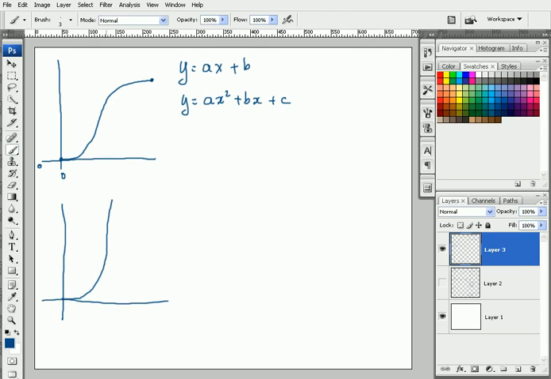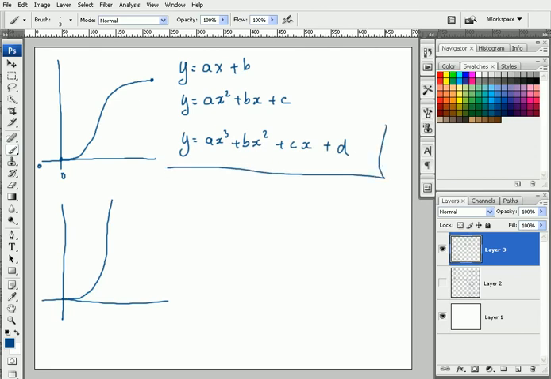It doesn't come back down. So this doesn't have degree large enough in the polynomial to express this sort of curve. Instead, we're going to have to go a little bit higher. Y is equal to ax cubed plus bx squared plus cx plus d. This is the general equation we need to start with to be able to figure out what is the equation of this line.